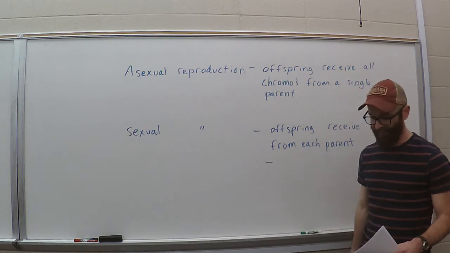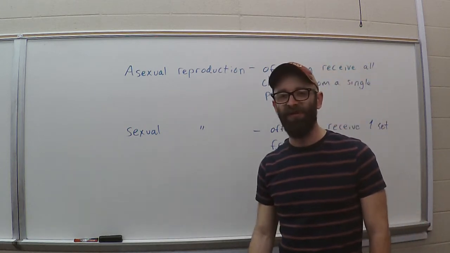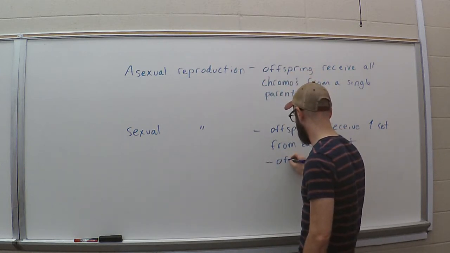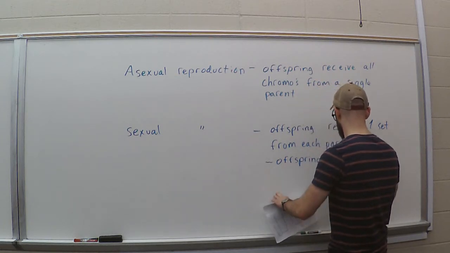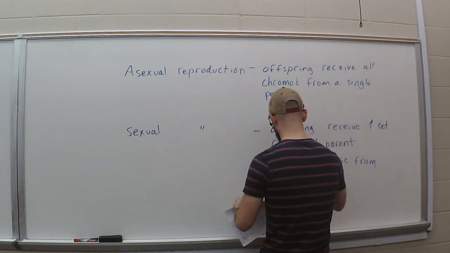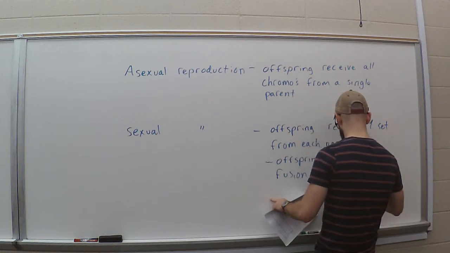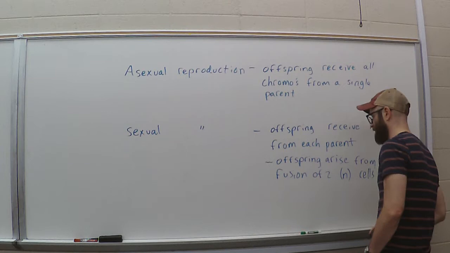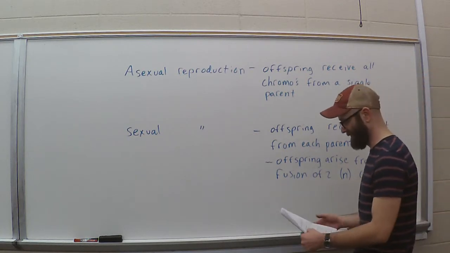We'll say that the offspring of sexual reproduction arise from the fusion of two haploid cells. All right, fusion of two haploid cells to make a diploid cell.